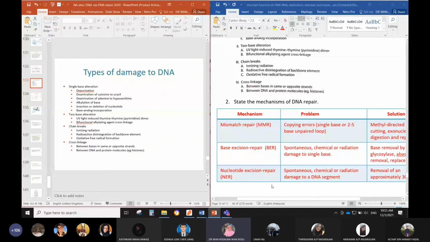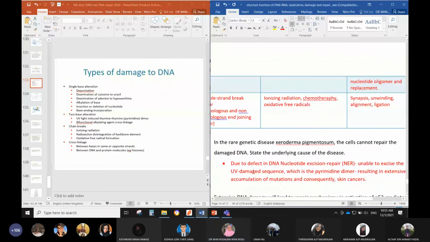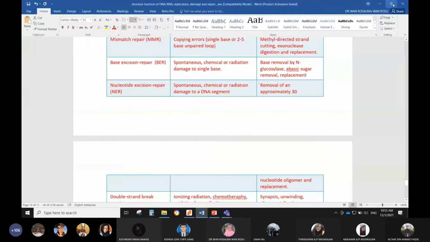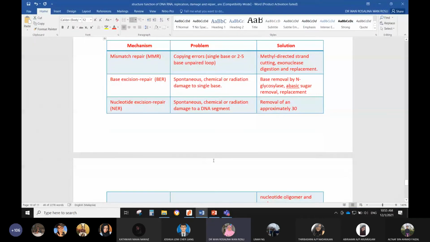So the mechanisms they have, we have your mismatch repair. They would actually address the copying errors. And then your base excision repair.